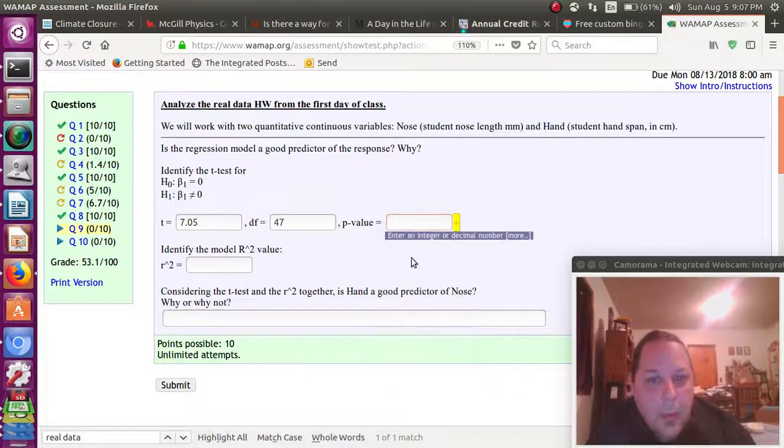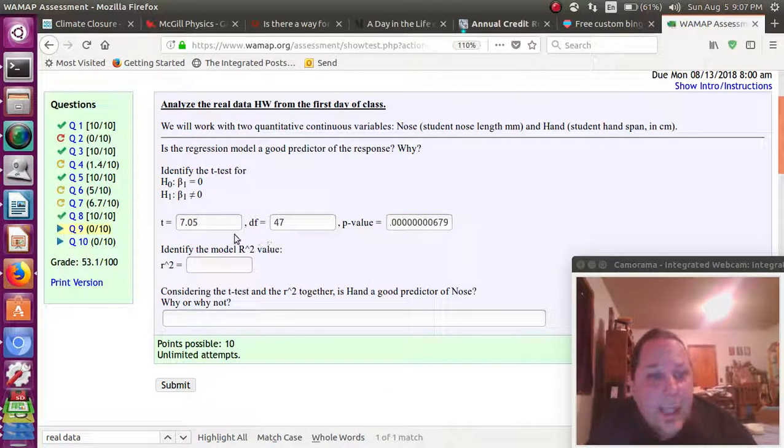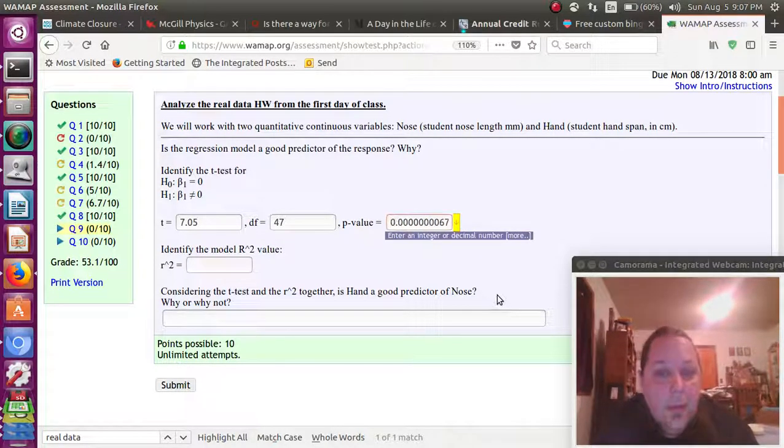Paste it, and you might notice at this point that the t-test is exactly the same for the correlation, simple linear regression, and bivariate correlation. They have the same t-test, and that should tell you something. The slope, if you have simple linear regression with only one predictor, the slope test is the same as the test for Pearson's r, the same as the test for rho. So beta 1 and rho have the same hypothesis test.